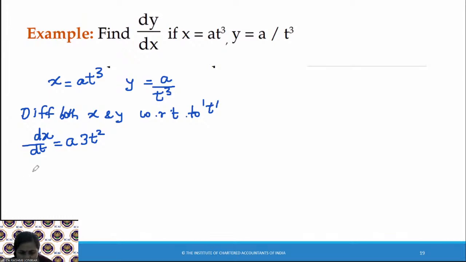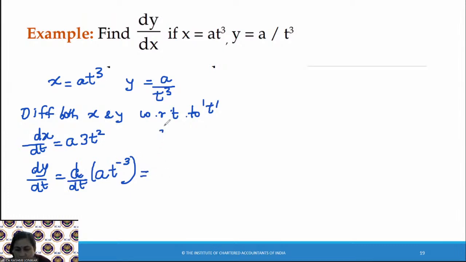And what will be dy by dt? This is equal to d by dt of a t raised to minus 3, because t cube is in the denominator, so it is a t raised to minus 3. What will be the derivative? What is the formula? d by dx of x raised to n is equal to n x raised to n minus 1.